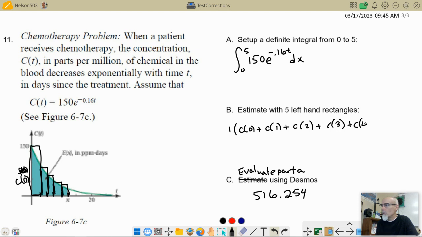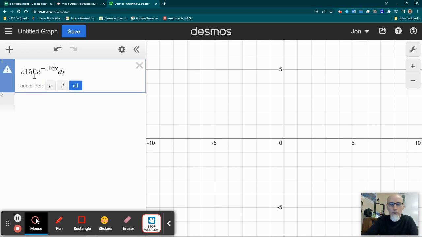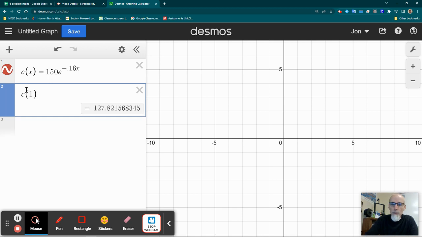So if I jump back over to Desmos and I get rid of my integral sign, here's my function. I could call it the c of x function. And I want it to calculate c of 1 plus c of 2 plus c of 3 plus c of 4.